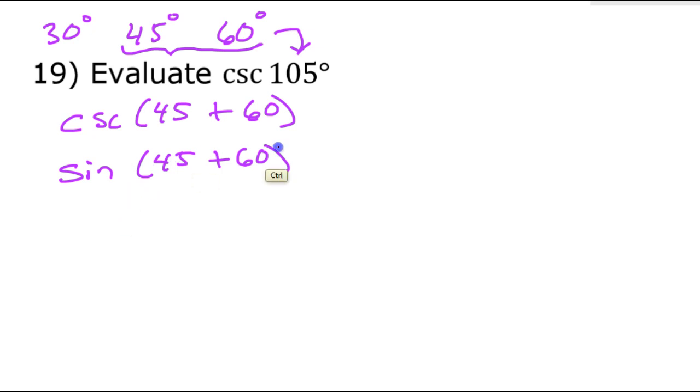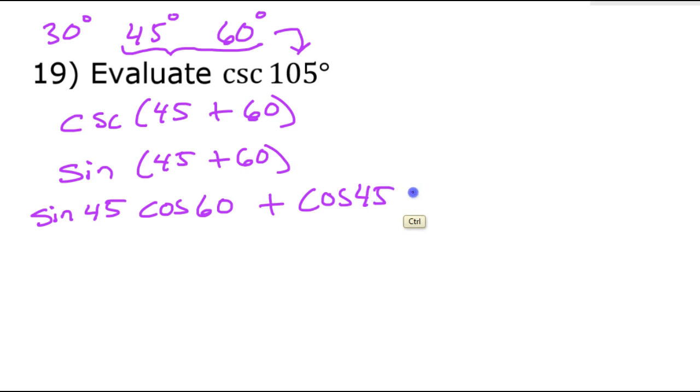So the sine formula, when I have the sine of a sum, goes sine, cosine, plus cosine, sine. So I'm going to do sine 45 cosine 60, plus cosine 45 sine 60. Now I've memorized all of these values, and hopefully you have too. So sine of 45 is radical 2 over 2.